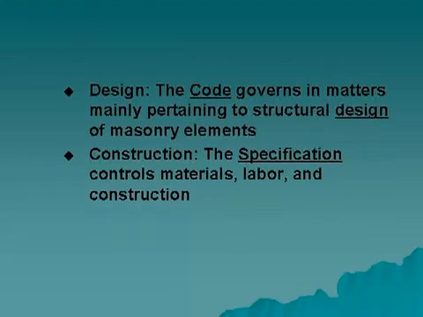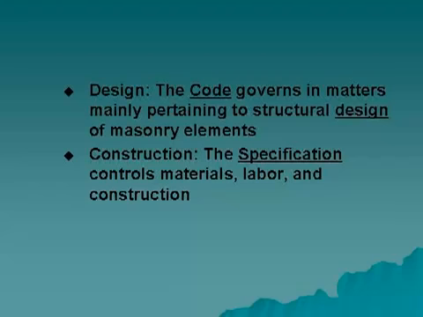The code, the TMS 402, supplements the legally adopted Building Code and governs in matters pertaining primarily to structural design of masonry elements. It defines the minimum acceptable standards of design and construction practice. See Section 1.1.2. For example, this is where all the engineering formulas for allowable stress or strength designs are mandated.